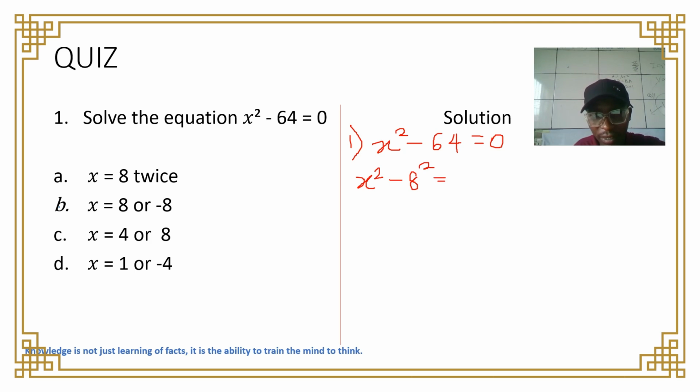So we can apply the difference of two squares here, which gives us x plus 8 in bracket times x minus 8 equals 0.